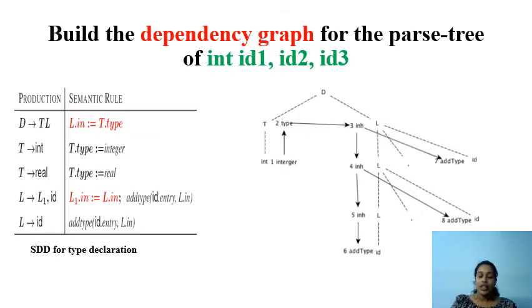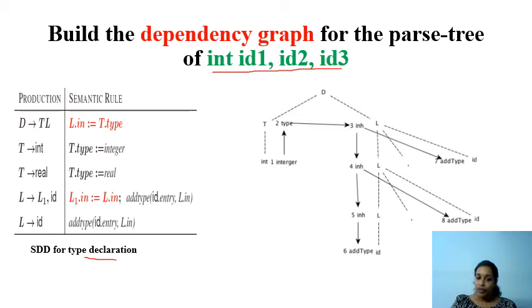Now we have to see how the dependency graph can be used for an SDD for proper evaluation of attributes. Consider this SDD. This SDD is for type declaration and we are considering the example int id1, id2, id3. As in the previous case, first of all we have to construct the parse tree, then we traverse it. When we traverse, we find the dependency graph.